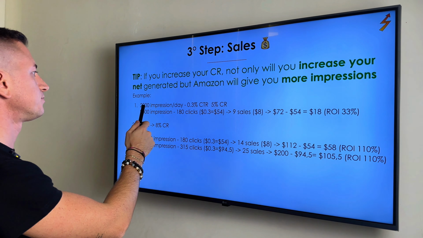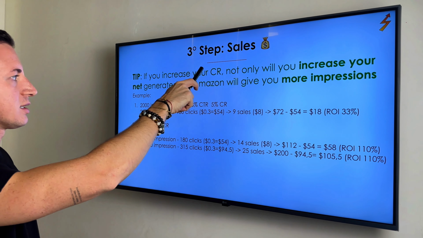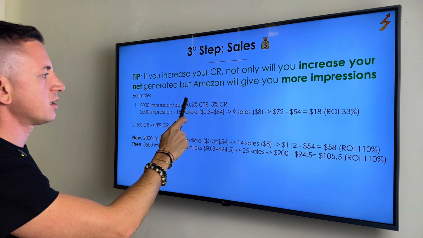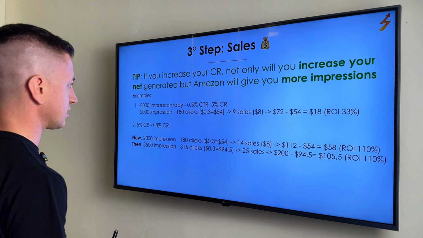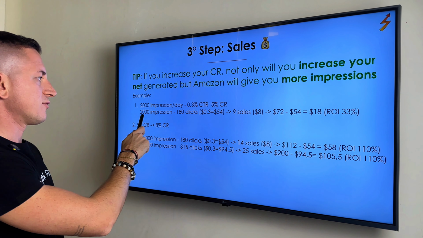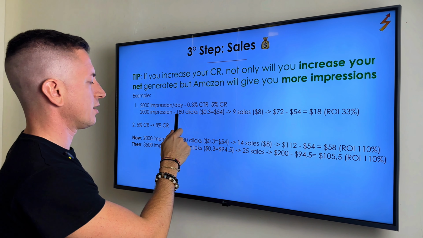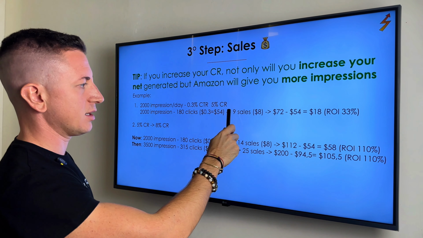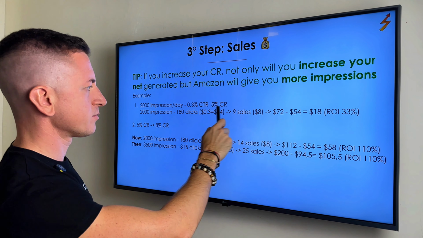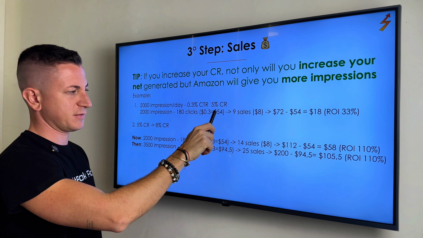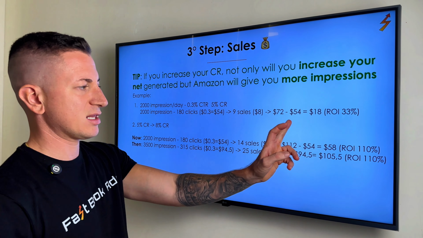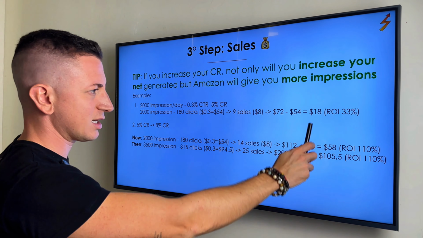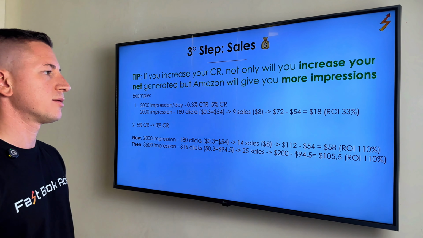So, for example, if we increase our conversion rate, here we have 0.3% CTR and 5% conversion rate. In this situation, we have 2,000 impressions, 180 clicks, and 9 sales, which means we are spending $54 and making $72. So the net profit is $18 with an ROI of 33%.